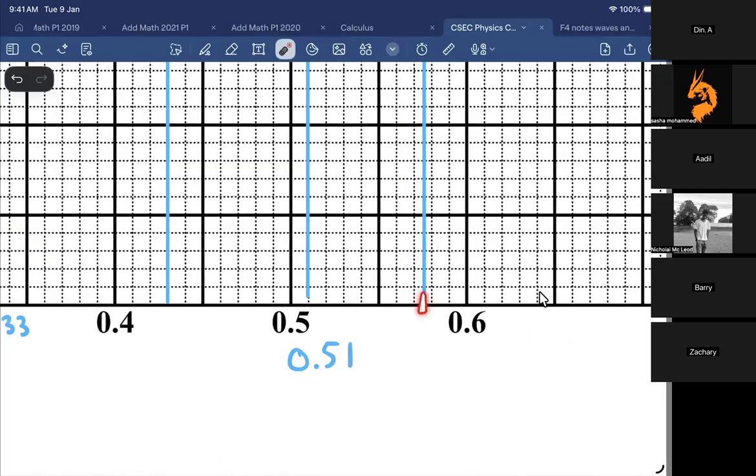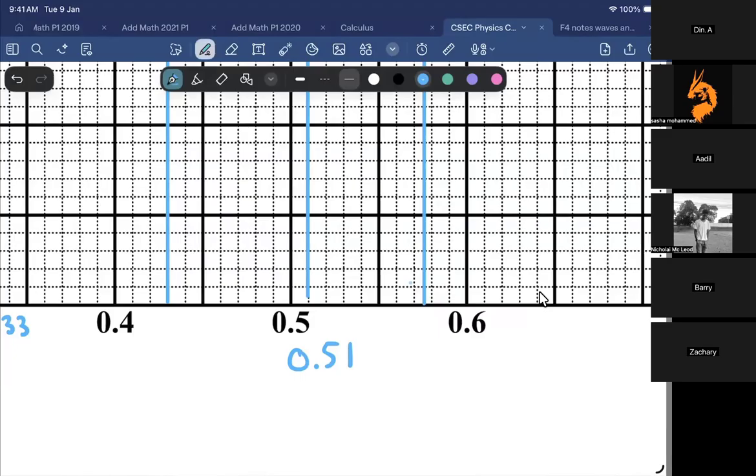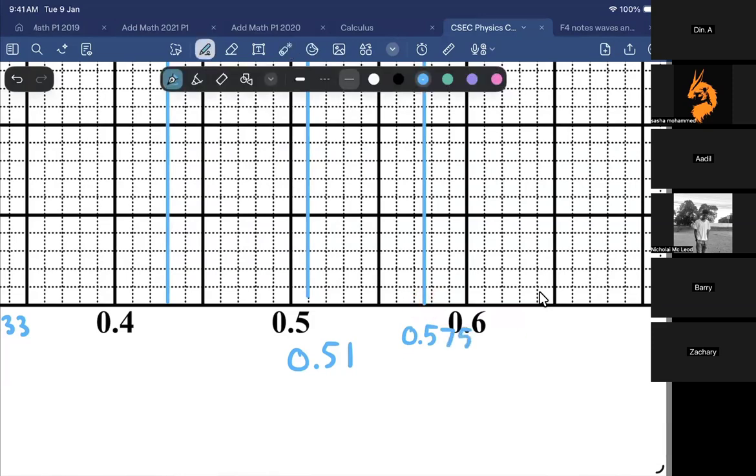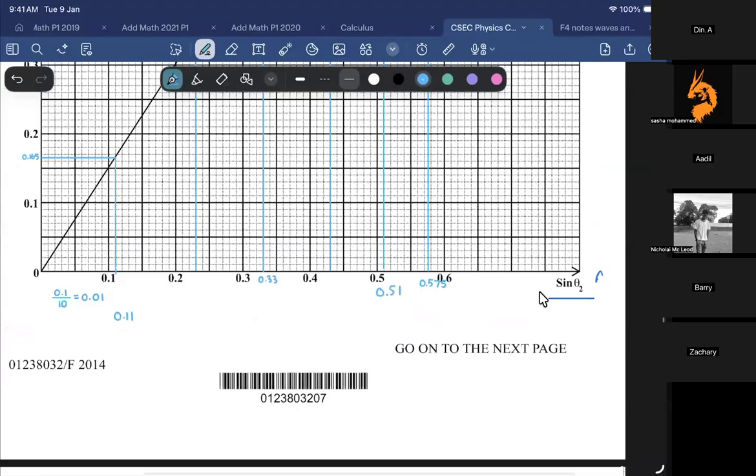This value over here. 0.575. So this could be 7, this could be 8. Good job. 0.575.